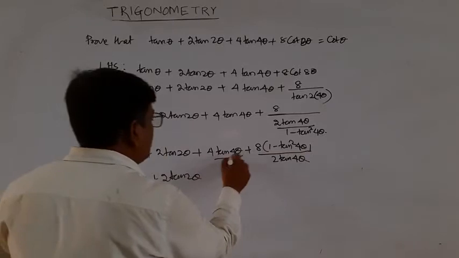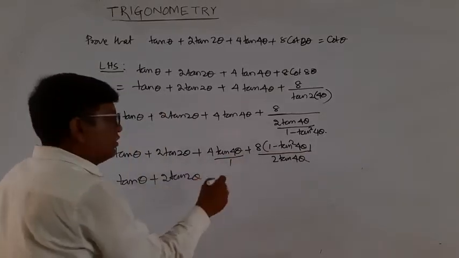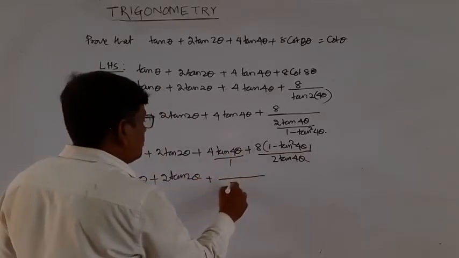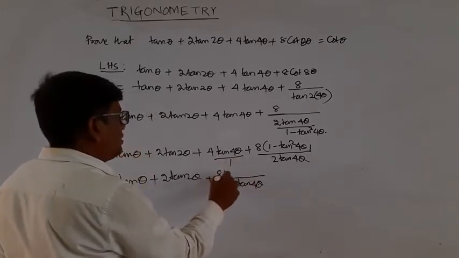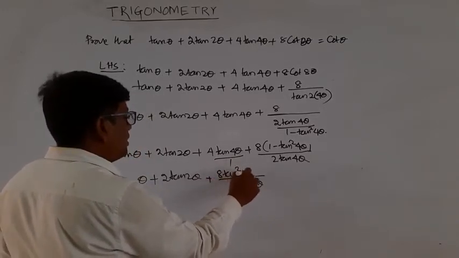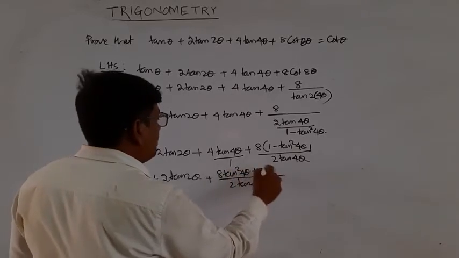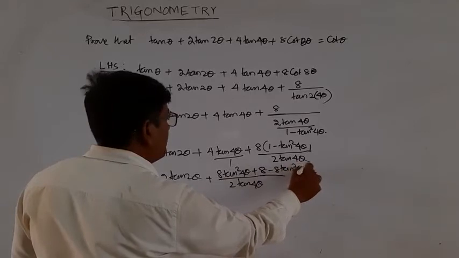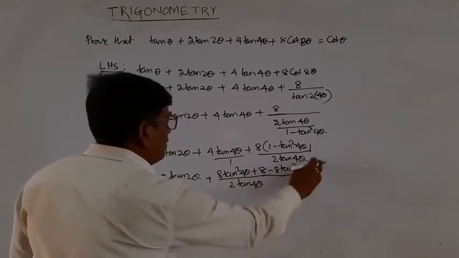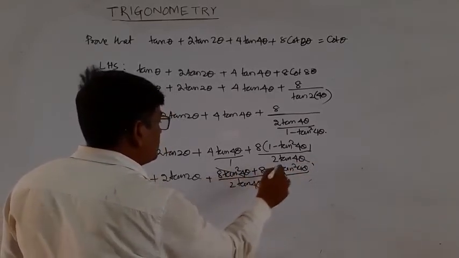I'll take LCM here, that is 1, and this LCM is 2 tan 4 theta, that is 8 tan square 4 theta plus 8 minus 8 tan square 4 theta. Okay, so this cancels.